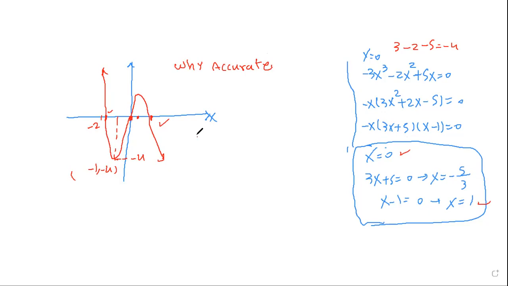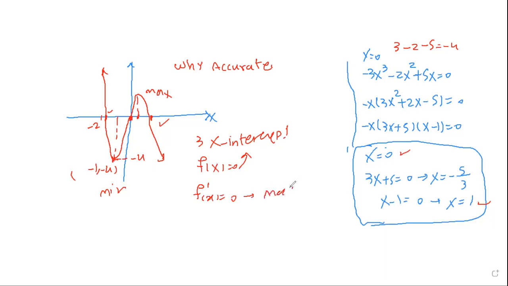And this is 3 points, x-intercept, yeah? 2 points for max and min. This point, max. Okay, this f(x)=0, x-intercept, yeah? F prime 0, max and min, yeah? F second x0, point of inflection, write it down.